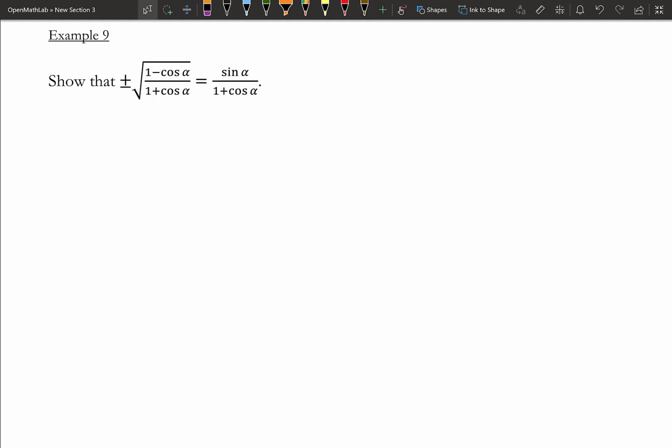So then the next one that we want to look at is we want to show that plus minus the square root of (1 minus cosine alpha over 1 plus cosine alpha) equals sine alpha divided by 1 plus cosine alpha. So this is still equal to tan of alpha divided by 2, if you didn't pick that up.